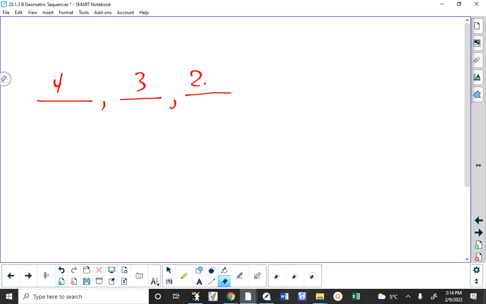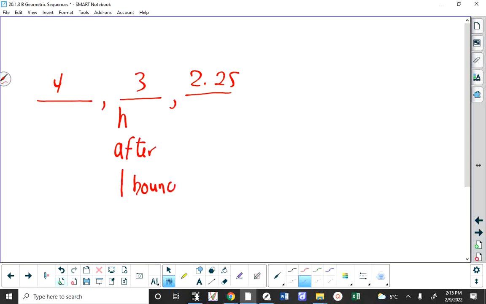This is tricky. This is the height after one bounce. It's the second term in the sequence, but that's not the height after the second bounce.